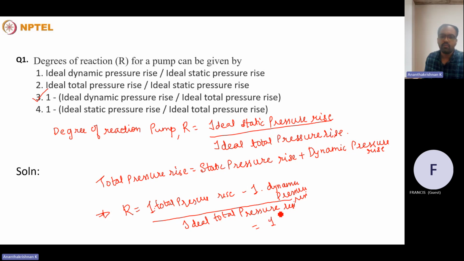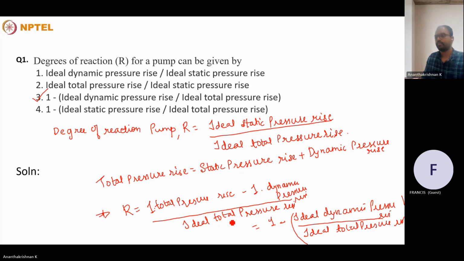So it will come out to be 1 minus ideal dynamic pressure rise divided by ideal total pressure rise. So the answer is option 3.